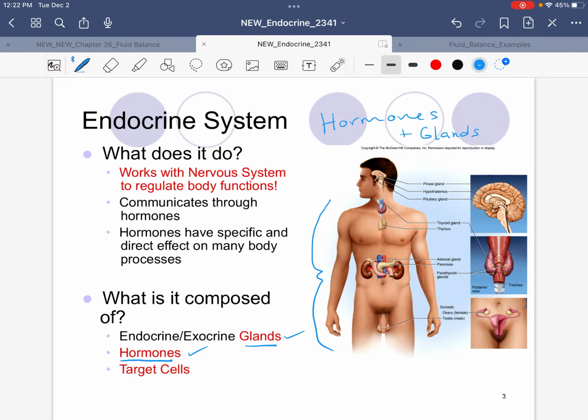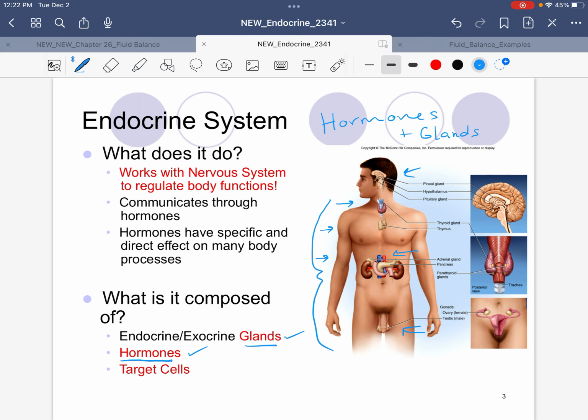So we have glands in our brain, we have glands in our throat, above our heart, above the kidneys, the pancreas is a gland, and then of course we have the ovaries and the testes. So we have glands located all throughout the body. They're not necessarily connected.